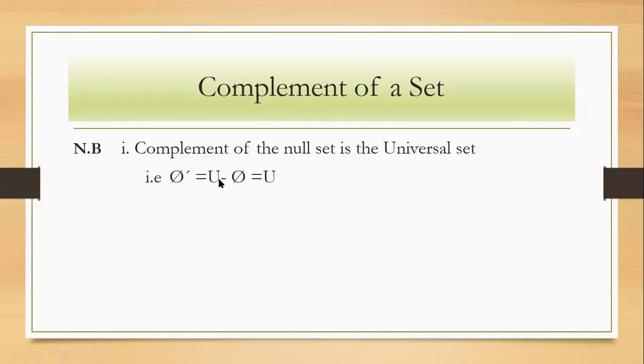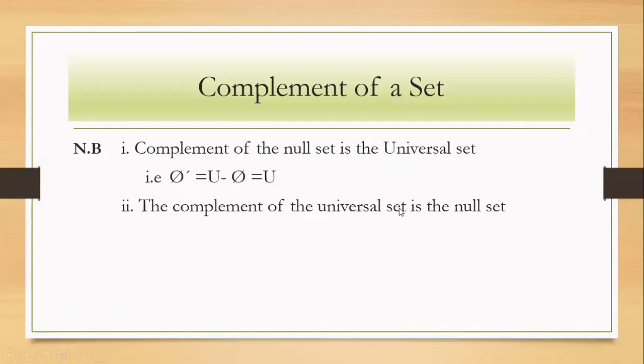We are subtracting nothing from the universal set. For example, if I subtract 0 from 10, you get the answer 10. In the same way, when you are subtracting the null set from the universal set, you get the answer U. Is it clear? That means phi dash gives you the answer U, or the complement of the null set is the universal set.